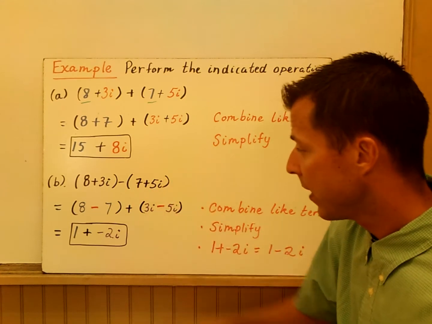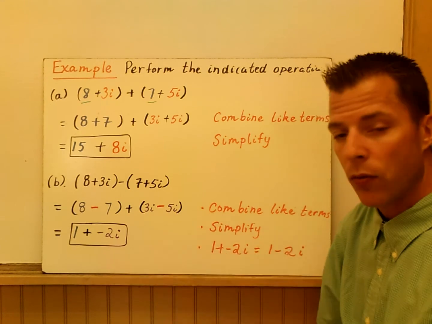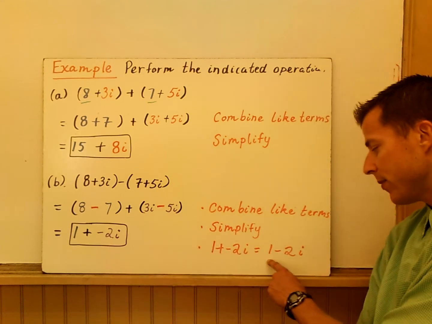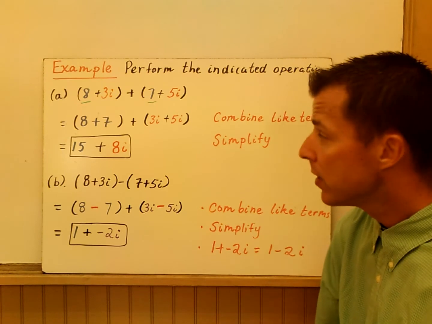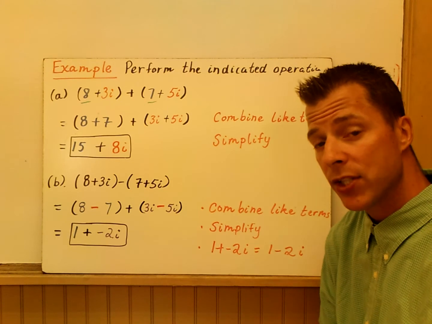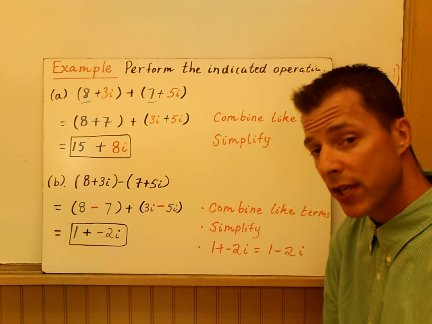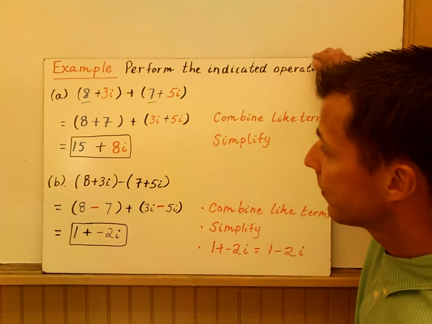Either way is fine. 8 minus 7 is 1. 3 minus 5 is -2. 1 plus -2i is the same as 1 minus 2i. So either answer is acceptable. So again, adding complex numbers, match up the real parts and the imaginary parts and add them together. It's really just similar to combining like terms.